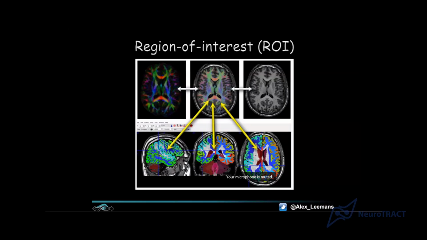Okay, so another approach to analyze data is indeed to take advantage of tools from other modalities. With T1 weighted imaging data, conventional MRI data, there are many tools out there that have been optimized for many years, trying to segment out the gray matter, the white matter, all these different regions.